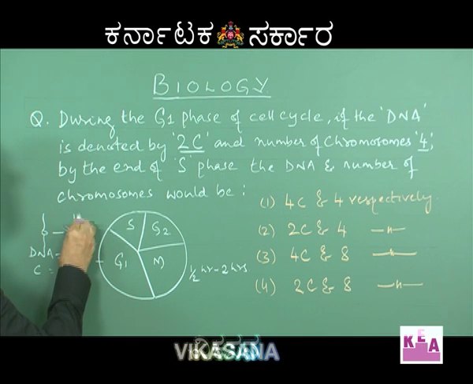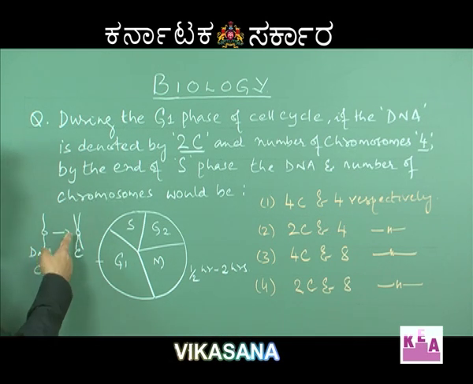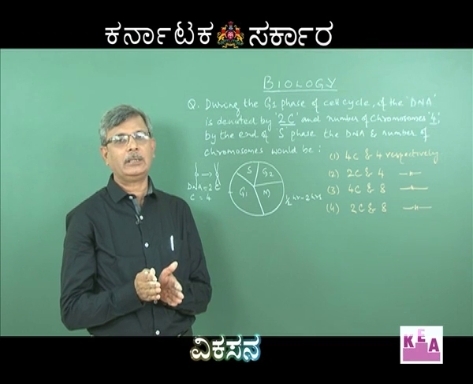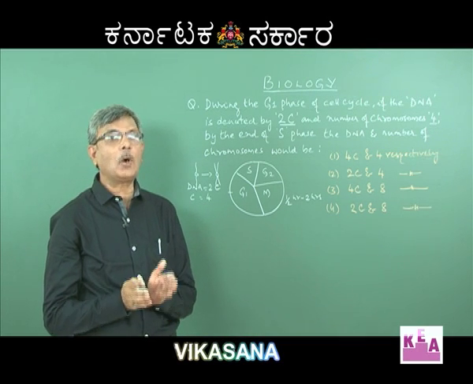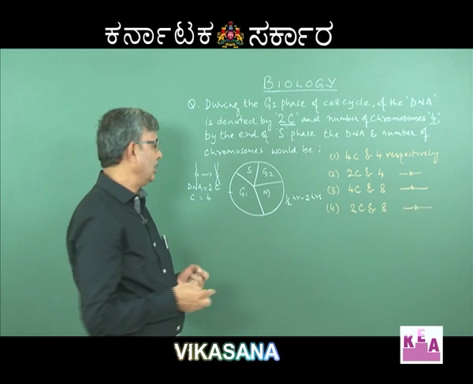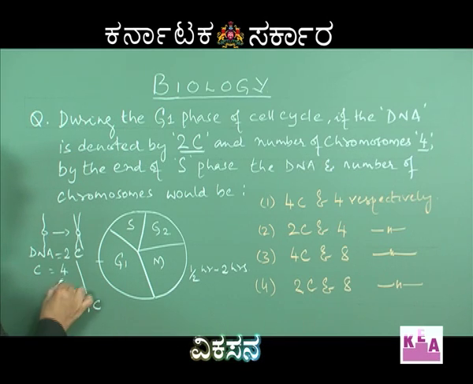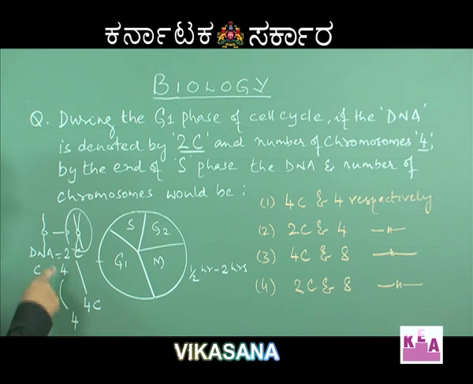The replication of chromosome occurs and still they are held by the centromere. The replicated chromosomes are still held by the centromere, but the amount of DNA doubles. Thereby DNA is going to become 4C, chromosome number remains 4 itself, only this is the change. So DNA is 4C, chromosome number is 4.